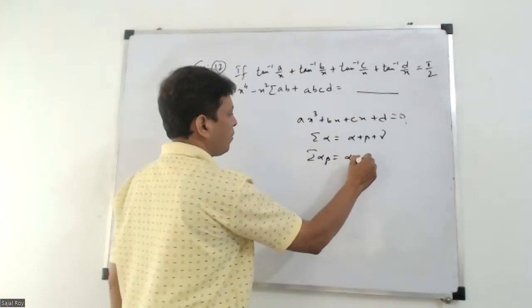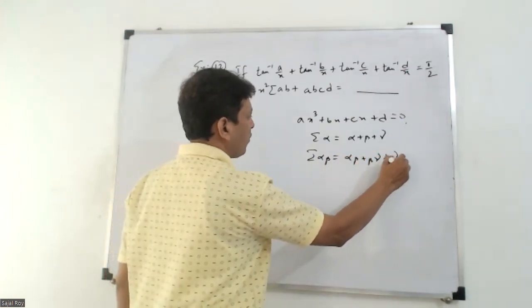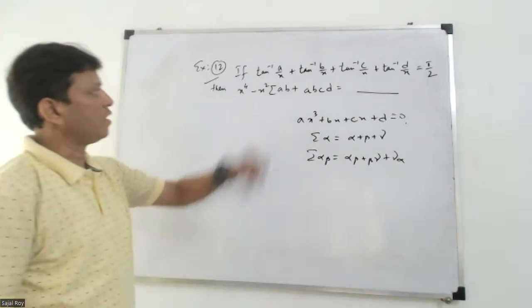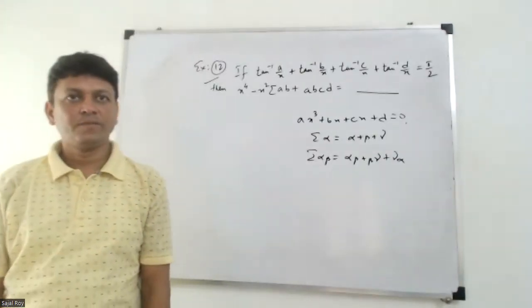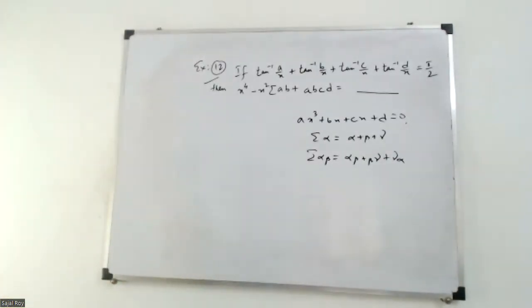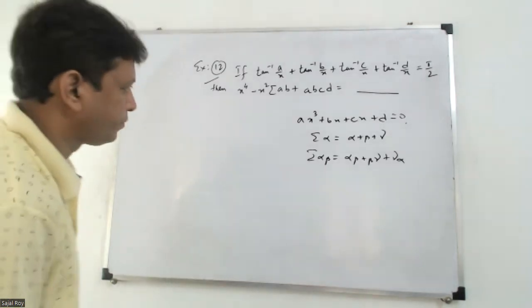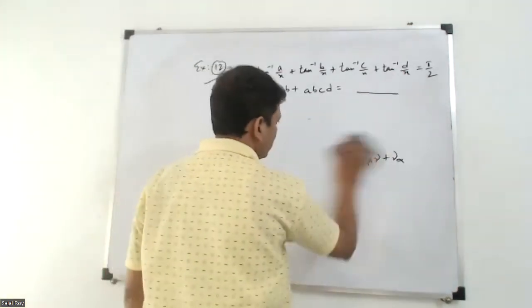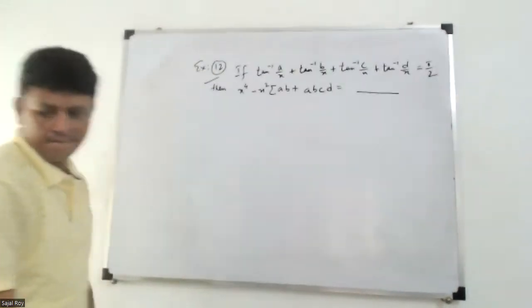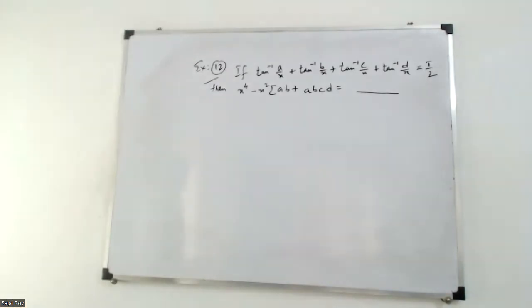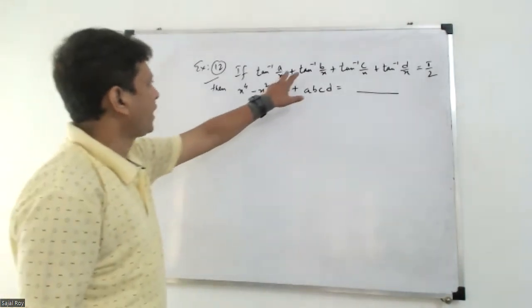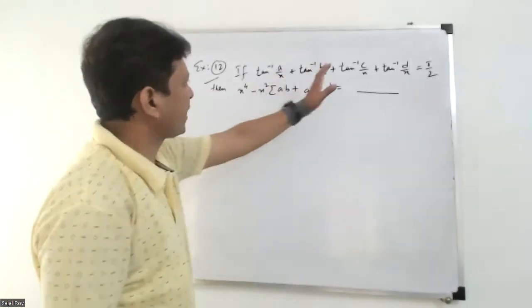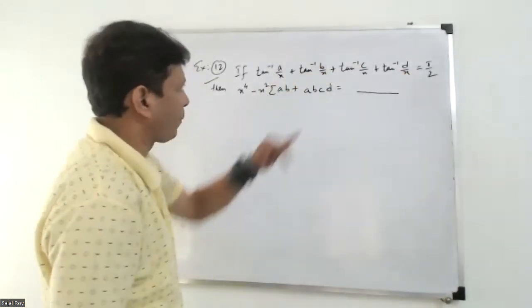Alpha beta plus beta gamma plus gamma alpha. So that means here a symmetric function. No problem. You take 2 of them this side and 2 of them that side.